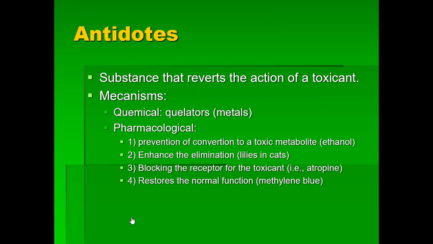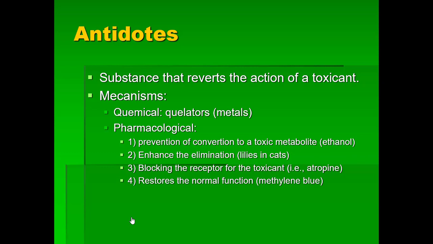There we go. How about antidotes? When we talk about a specific toxicant throughout the course, we will see that there are really no true antidotes that will reverse all the actions of the toxic substances. And I can only think of one particular case in which the antidote protects 100% from the toxicant.